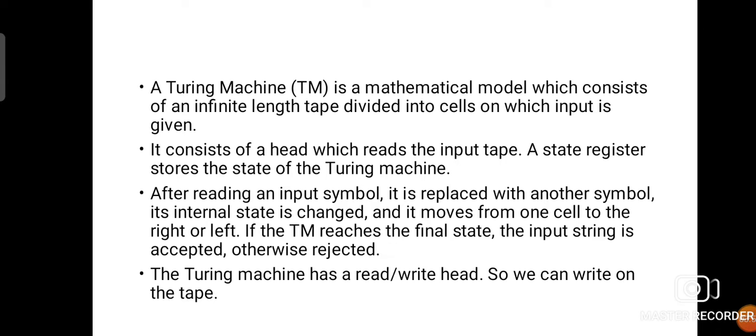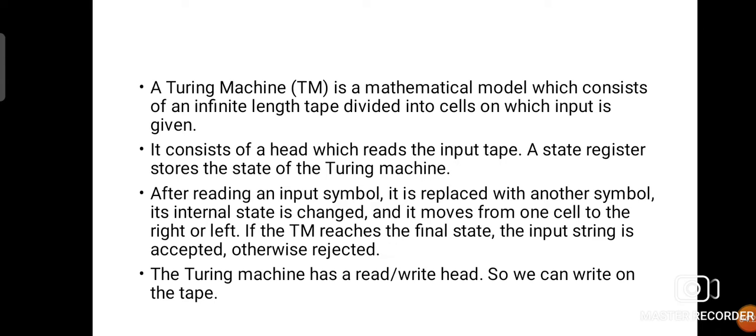So whenever during every state transition, after reading the input symbol, it will be replaced with another symbol on the current cell, and the internal state of the system gets changed. The head pointer will move from one cell to another either in the left direction or right direction.